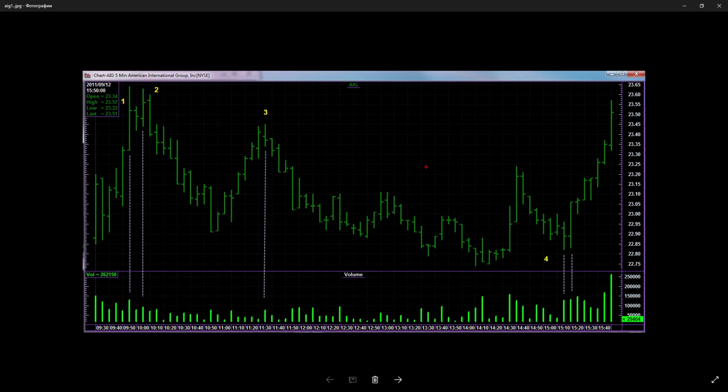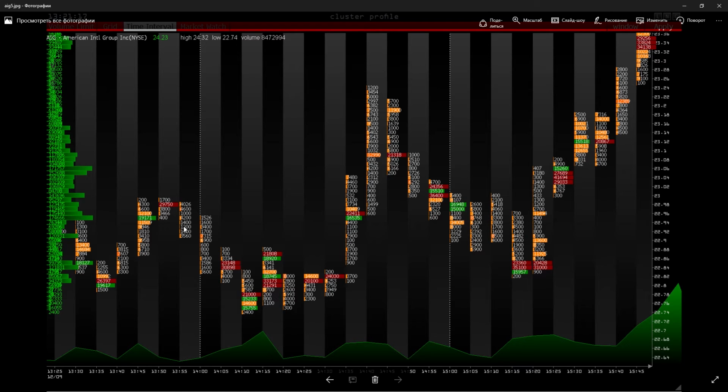Let's take our reversal formation one more time. The situation is the same time frame, the same period, the same instrument, but now we can see the details, and we can see why the price reversed.